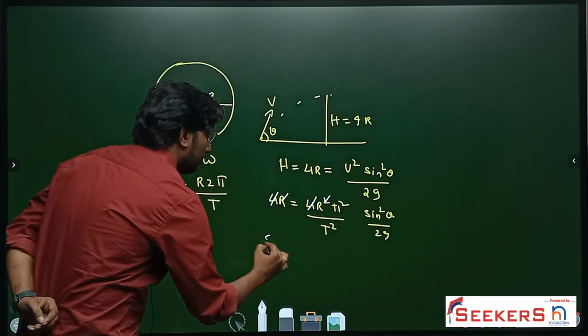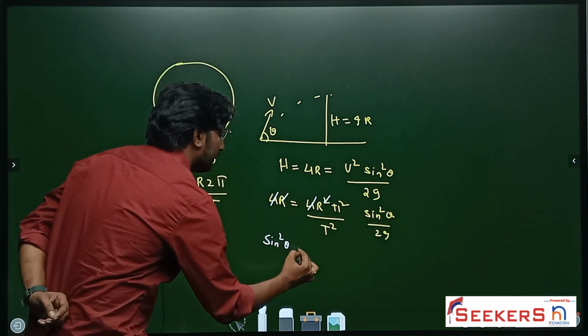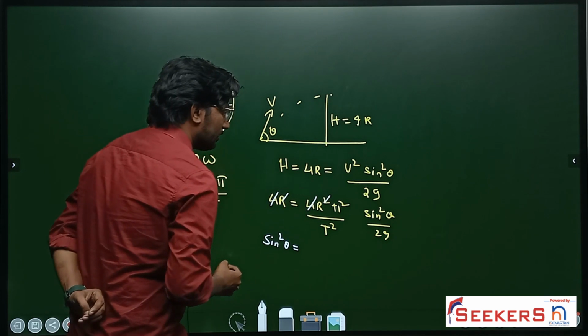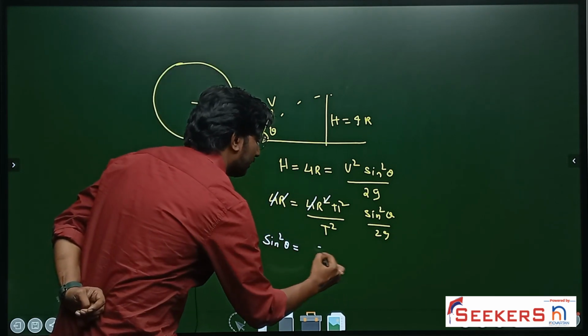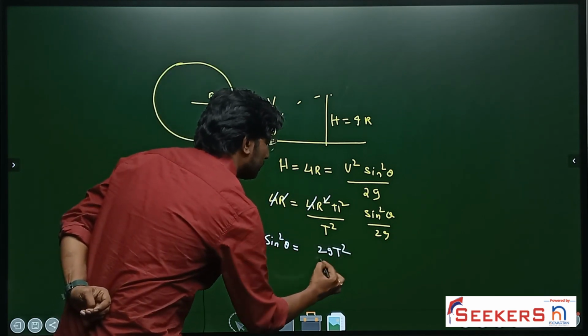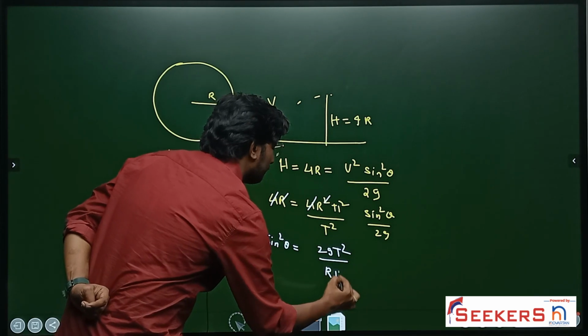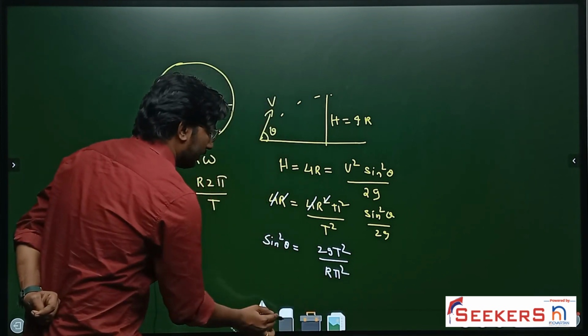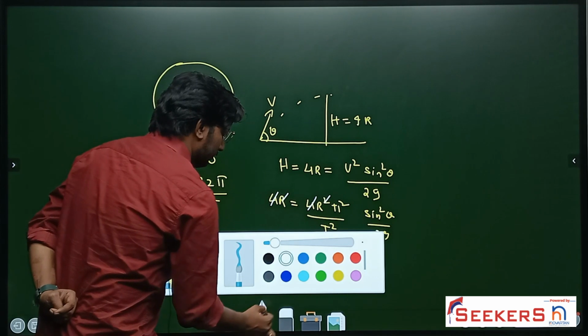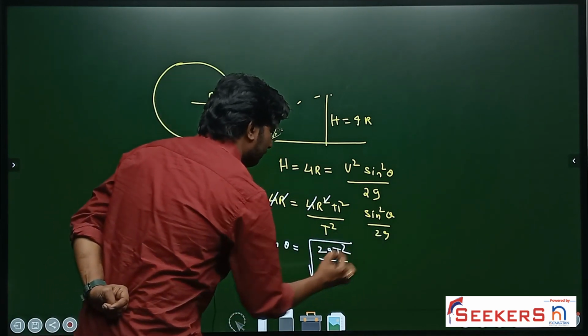We need the angle, so separately write sin square theta apart and take everything to the other side. If you take everything to the other side, that will become 2g t square by r pi square. You take the square to the other side, that will become square root.